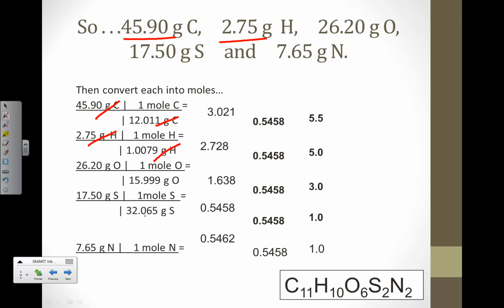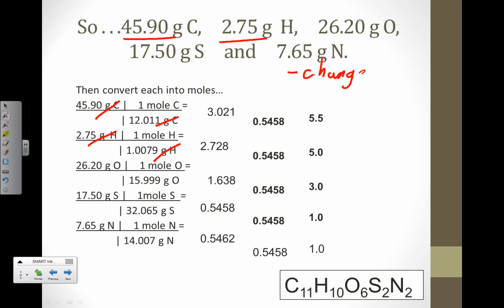This is a great example. You probably want to write down this example. Your first step is change to grams. Then convert to moles.